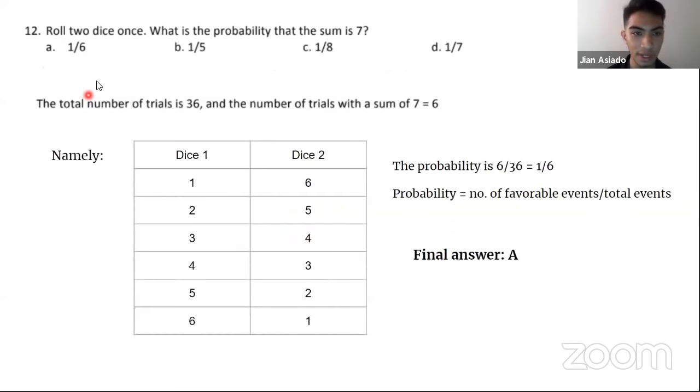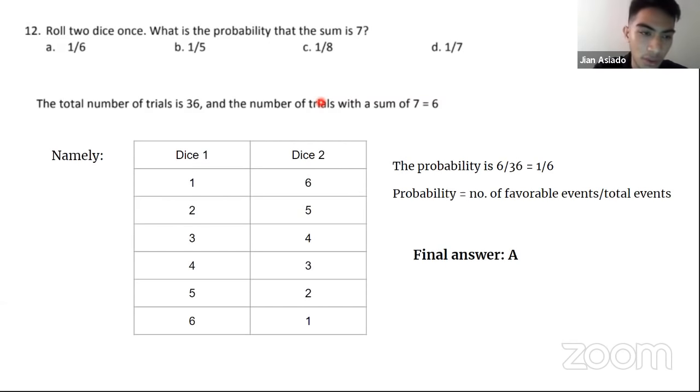Okay, number 12: what's the probability that the sum is 7? You have two dice that you roll. After rolling, what is the probability that the sum is 7?